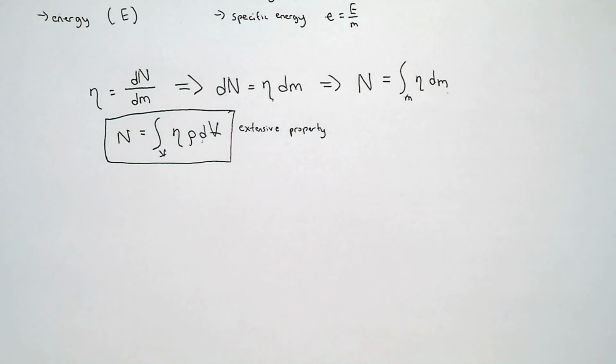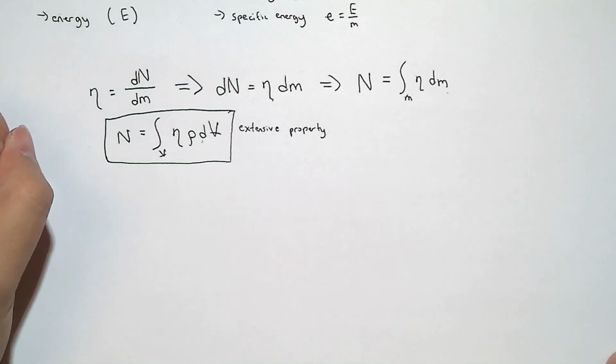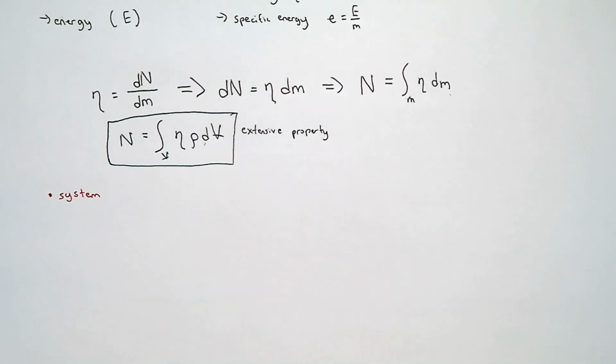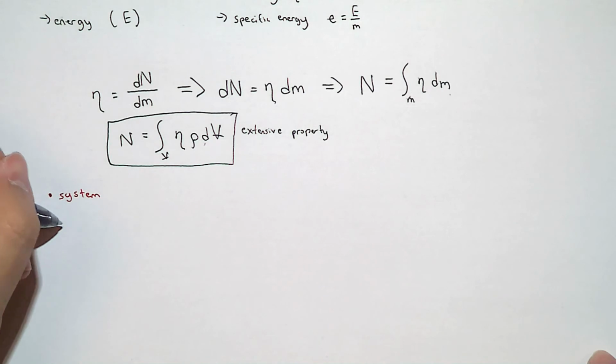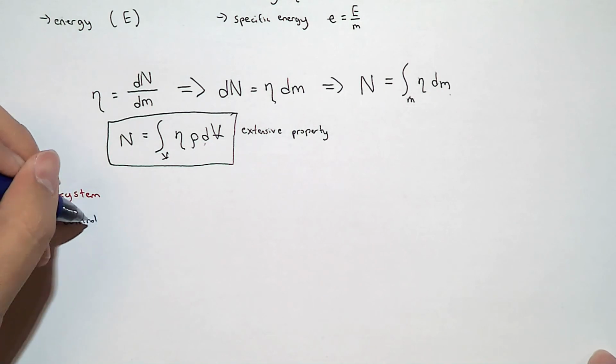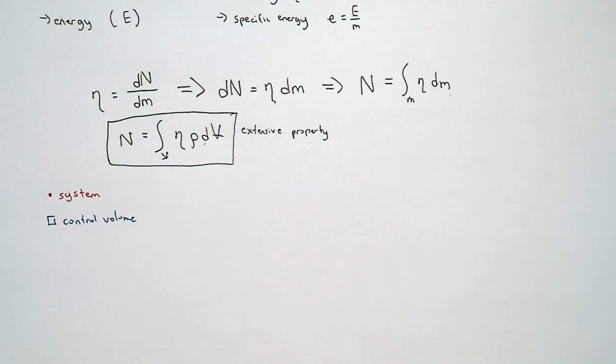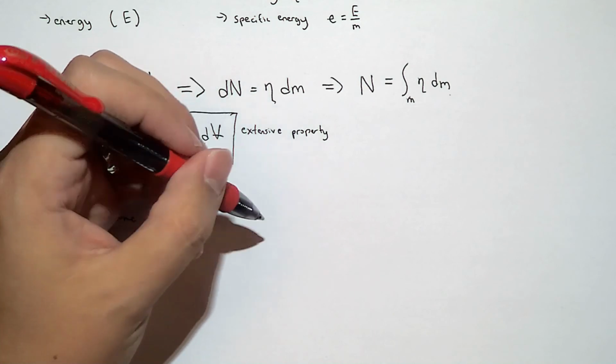Let's think of a system and think of a control volume. To make things easier, I'm going to use red for my system and blue for my control volume. So let's say that I'm studying a system, a fixed quantity of fluid particles.